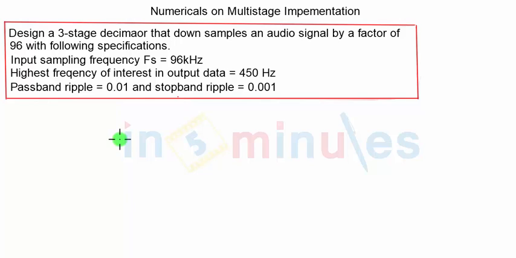This filter is called the anti-aliasing filter, and designing a decimator is nothing but having a decimator block, but more than that, designing that filter which will carry out the filtering operation to avoid aliasing. So these passband and stopband ripples are given so that we can decide a few things about the filter that will occur in each and every stage.